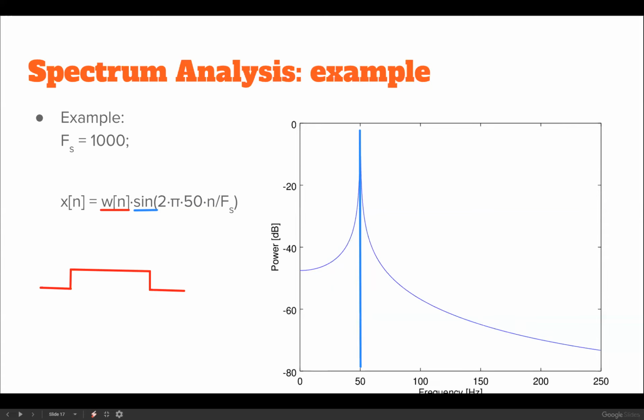okay, now let's see if I can draw. So the spectrum of that box would look like this.